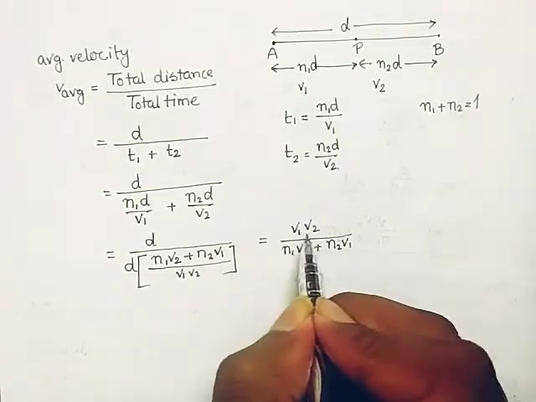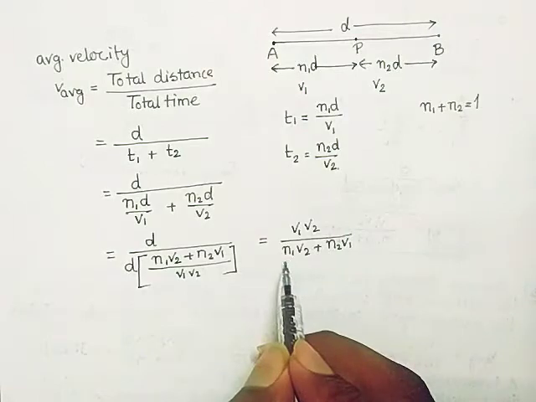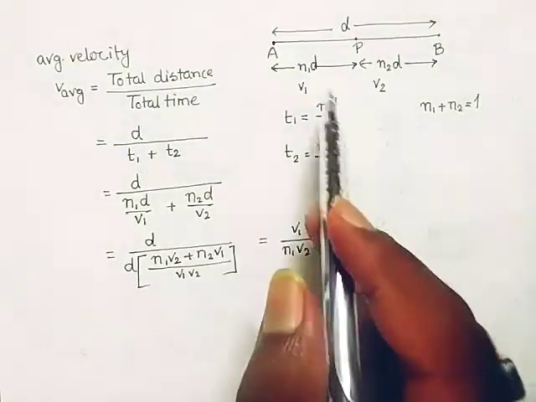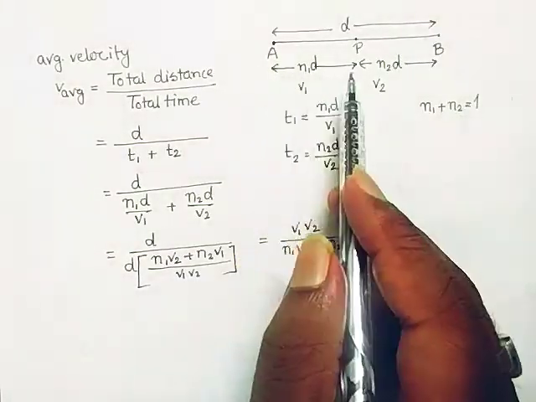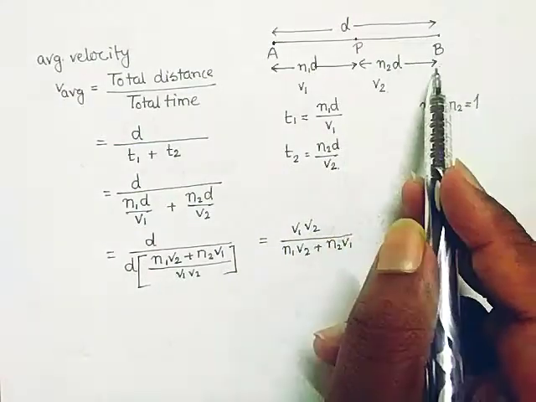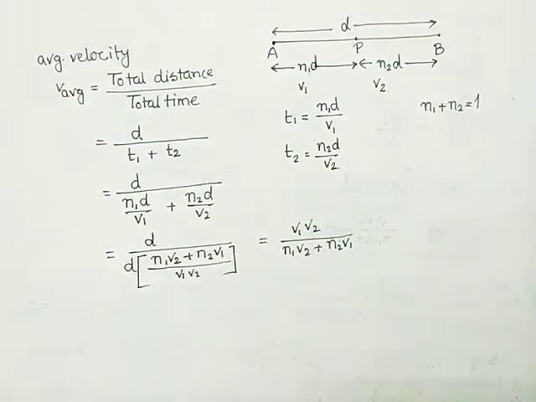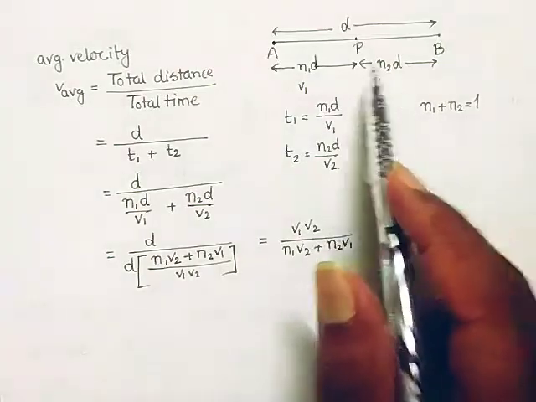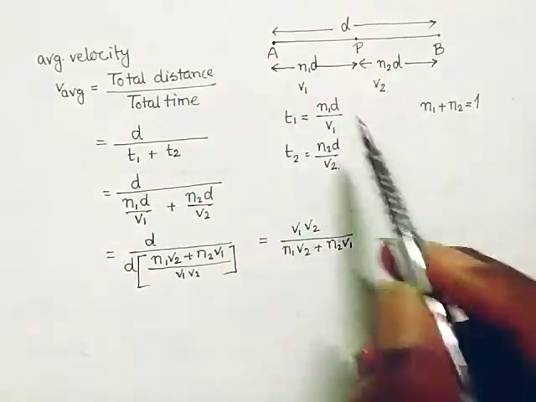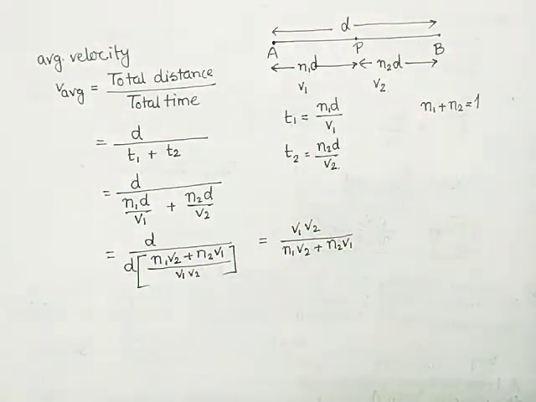So it is the product of the two velocities divided by n1, the fraction from A to P, times v2, the velocity from P to B, plus n2, the fraction from P to B, times v1, the velocity from A to P. So the opposite products, and then the sum. This is the generalized formula for finding the average velocity in this type of problem.